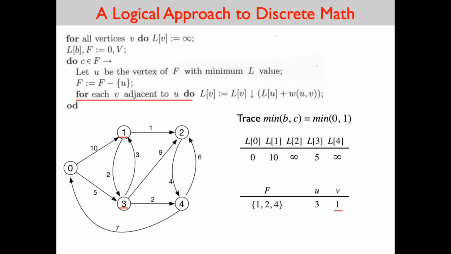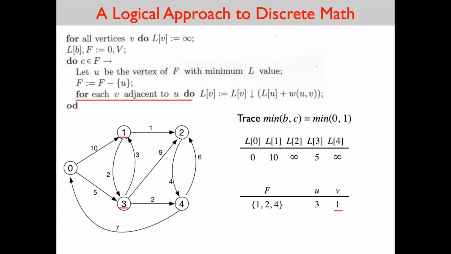Well, what is w sub u comma v? Well, u is 3, v is 1. W sub 3 comma 1 is the cost of the edge from vertex 3 to vertex 1. So that's 3, you see. So L sub 1 is going to get the minimum of L sub 1 and the quantity L sub 3 plus the cost of the edge between 3 and 1.